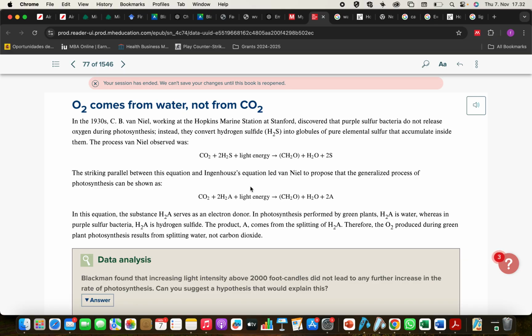So you're releasing the A. That's then basically the reaction. So this could be sulfur or this could be oxygen, or something else, as long as these H2A molecules are being broken and donating the electrons, and whatever is attached to it is being released as a gas. So this could be sulfur gas or oxygen gas. This really helped us understand that there is anoxygenic photosynthesis and oxygenic photosynthesis.